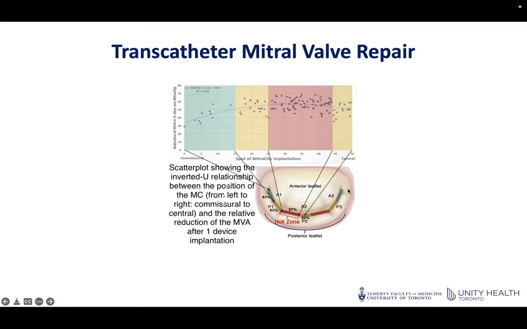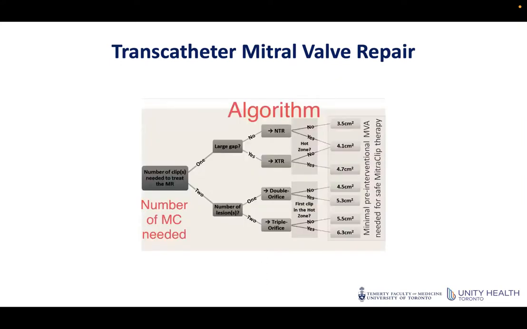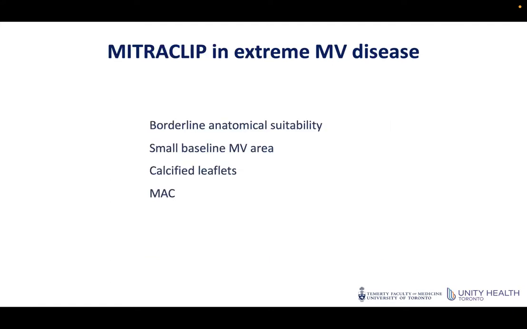As we move towards the medial or lateral commissure, the risk again gets lower. But this is important, especially in patients with very thick leaflets or small mitral valve area. And again, this concept is very important and should lead to a very careful consideration of which clips should be used, also based on the segment that we want to tackle and the overall area of the valve.